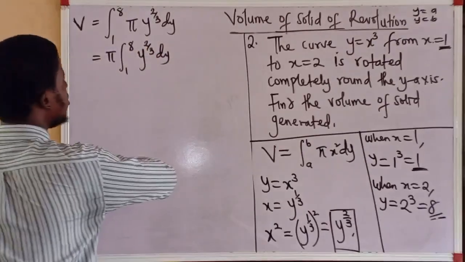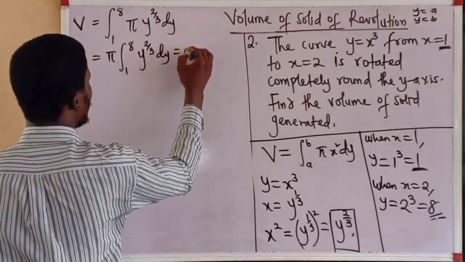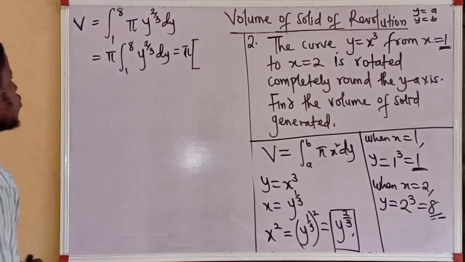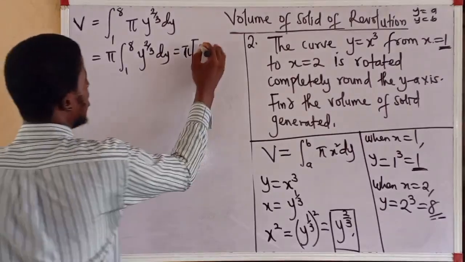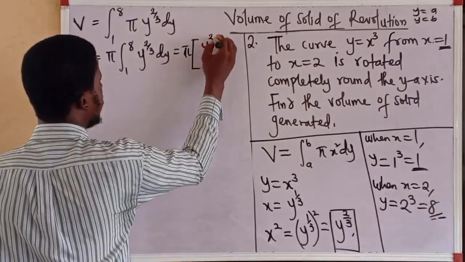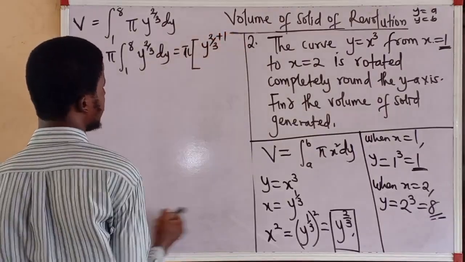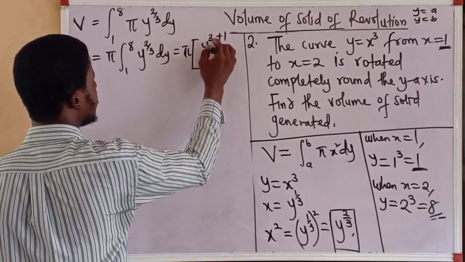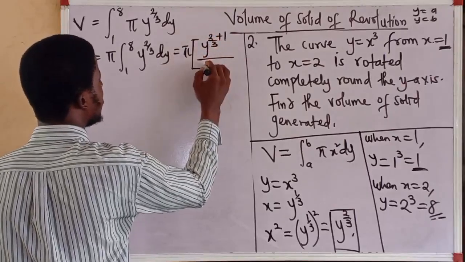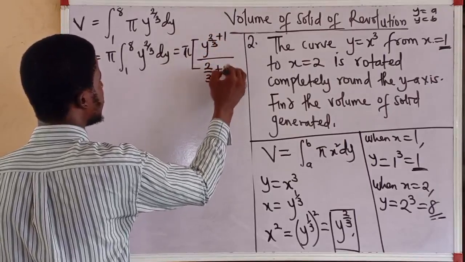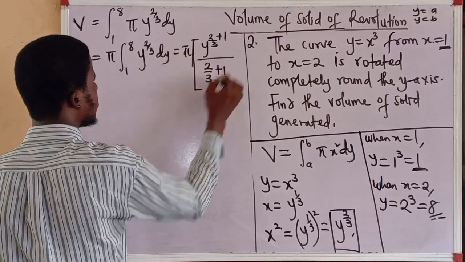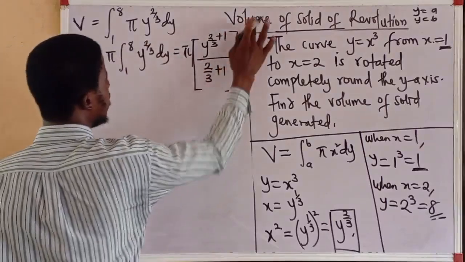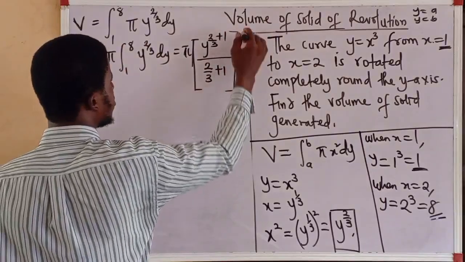So using the rule of integration on this, we have pi into, let's integrate y to the power of 2 over 3 dy. That's y to the power of 2 over 3 plus 1, all over the same thing. You add 1 to the power, and then you divide by the entire sum there, from 1 to 8.